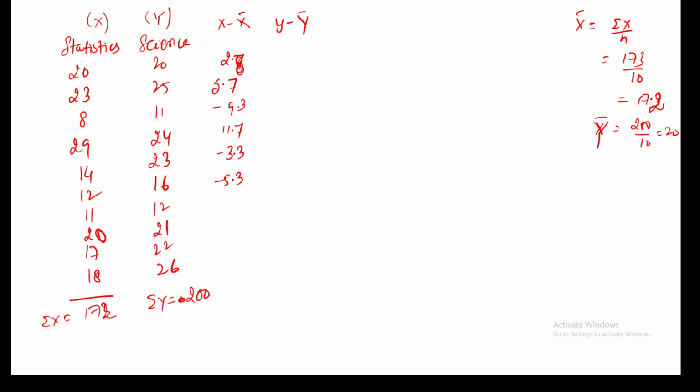Try to find a way. 5.8, 11 minus 6.2, 20 minus 17.2 is 3.8, 17 minus 0.2, 18.8.